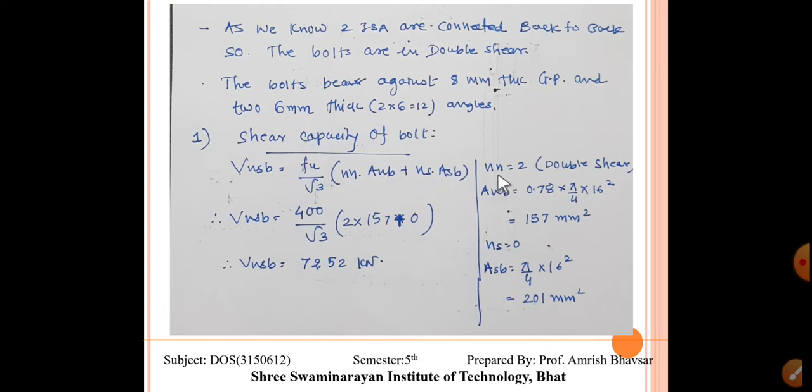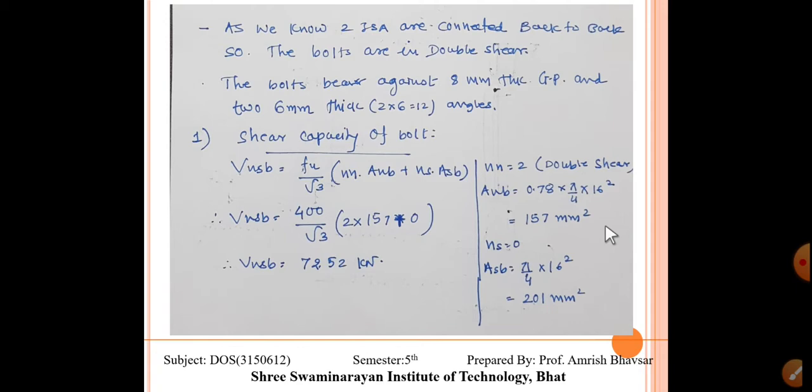In our case, Nn is 2 because the failure of the bolt is in two planes, that's why it is double shear. So we are taking Nn as 2, and the net area of the bolt is taken as 78% of the whole area of the bolt. That's why we are taking 0.78 times pi by 4 times 16 square, so it is 157 mm square.